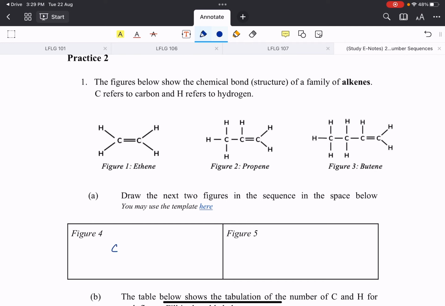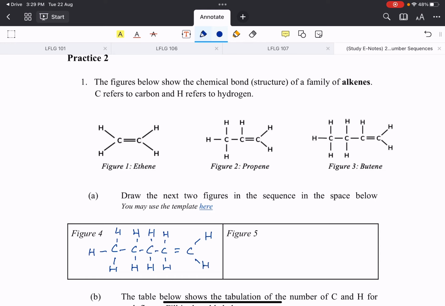So it will be C, C, C, C this way, and then the hydrogens H, H, H, H. Looks good. And two more here. Cool, right?